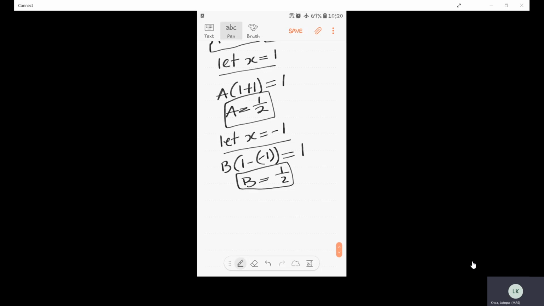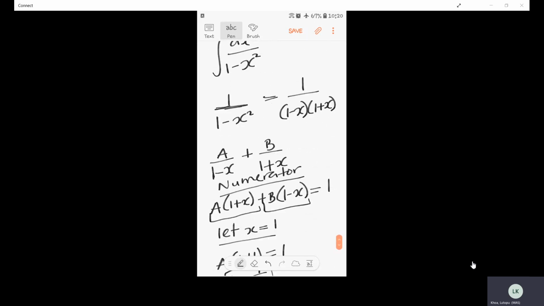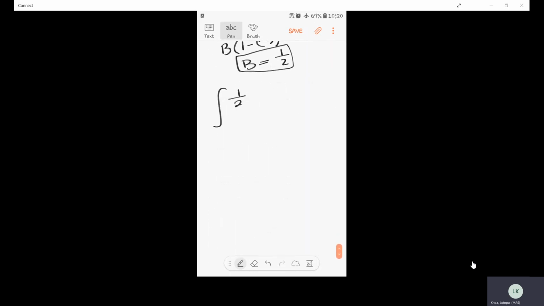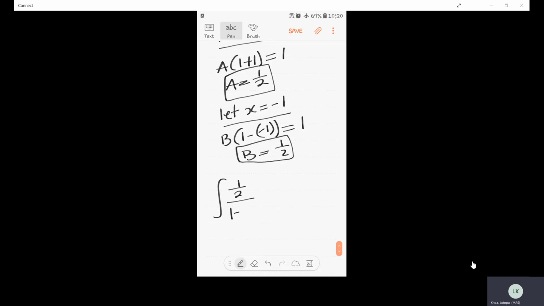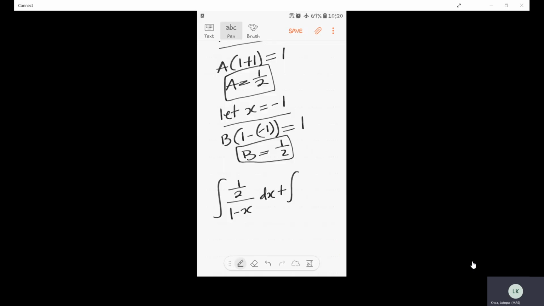So I have my a and b. I just substitute them and then integrate. So what I'm actually integrating is this, the integral. My a is half, and a is over 1 minus x dx plus the integral of half over 1 plus x dx.